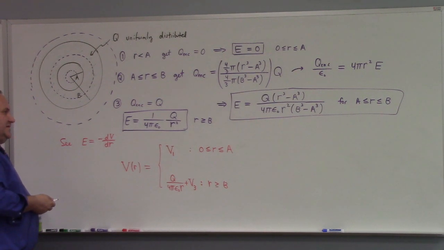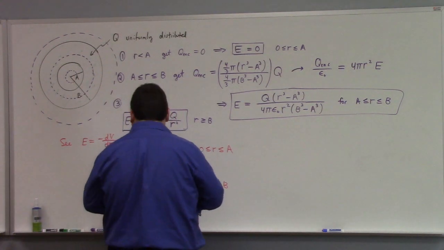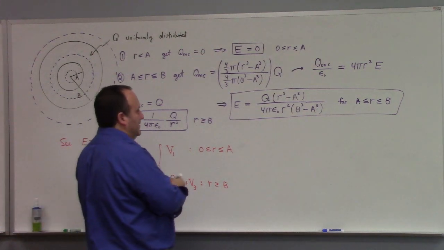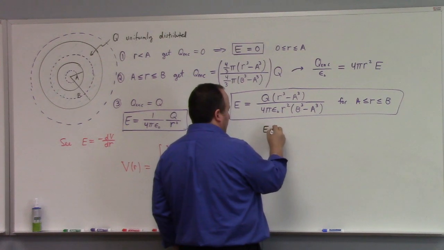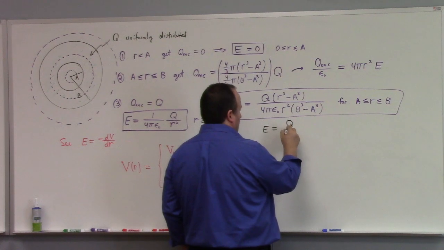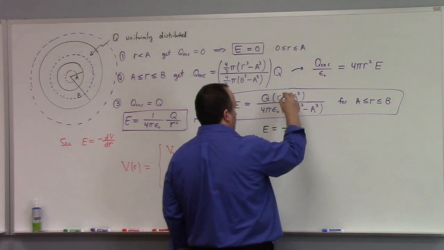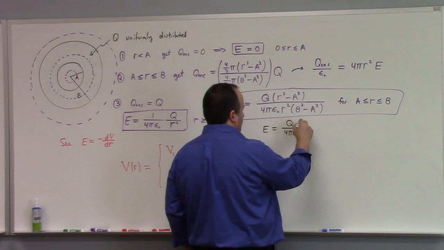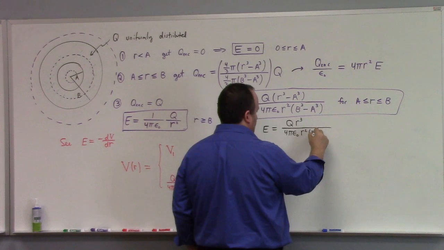Well, it's kind of scary looking, but let's break it into pieces that we can handle. If we break this into 2 pieces, it's probably easier to integrate. So we've got the electric field is Q over 4 pi epsilon naught, and then I've got r cubed upstairs, r squared downstairs, and b cubed minus a cubed.